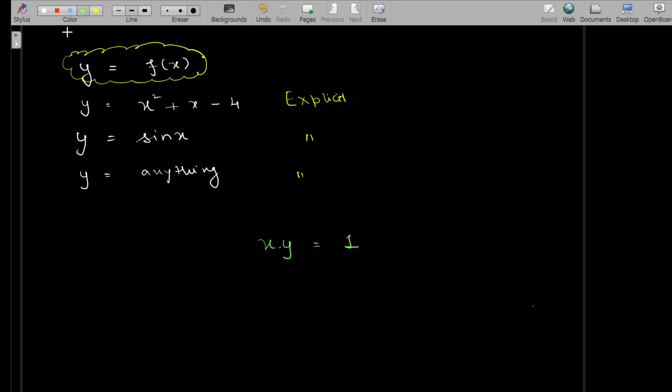So it will be like f of x, y. This is f of x comma y. So the function contains both the variables x and y. Now in this case, how do we find the derivative?